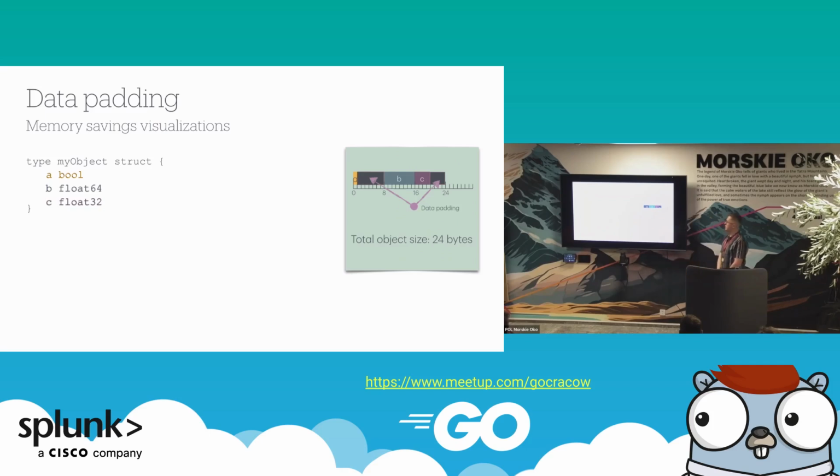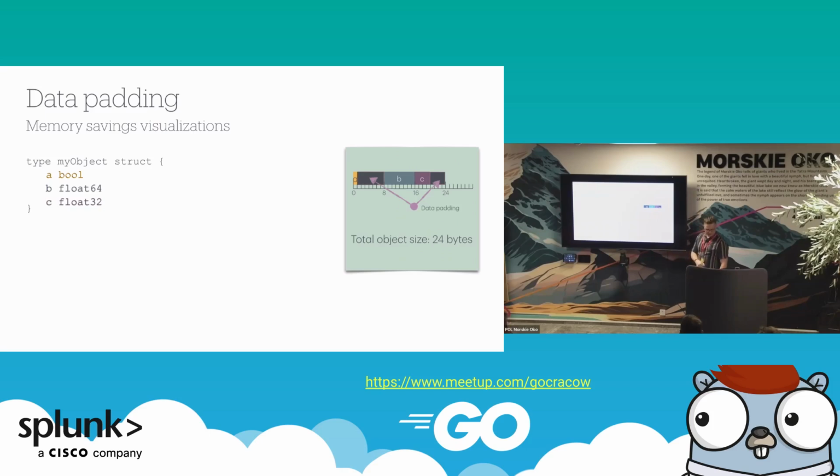But if you think about it, we have like 13 bytes of data, because bool is 1 byte, float64 is 8, and float32 is 4, and we use 24 bytes to store it. This is a loss, we could do better.